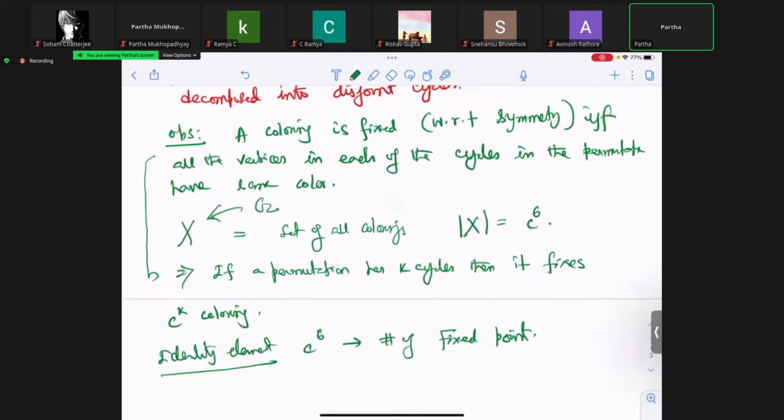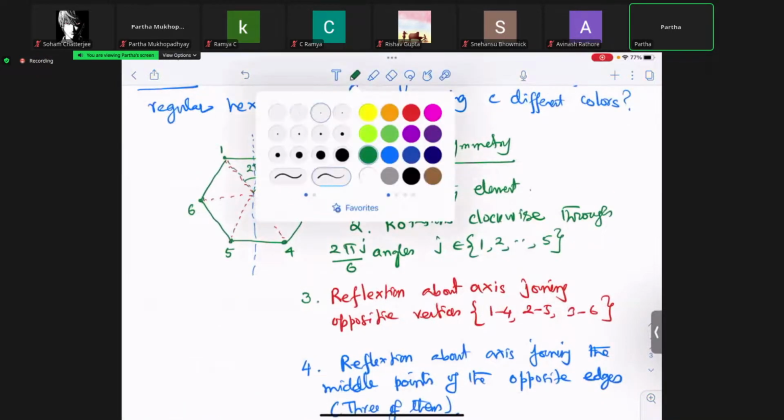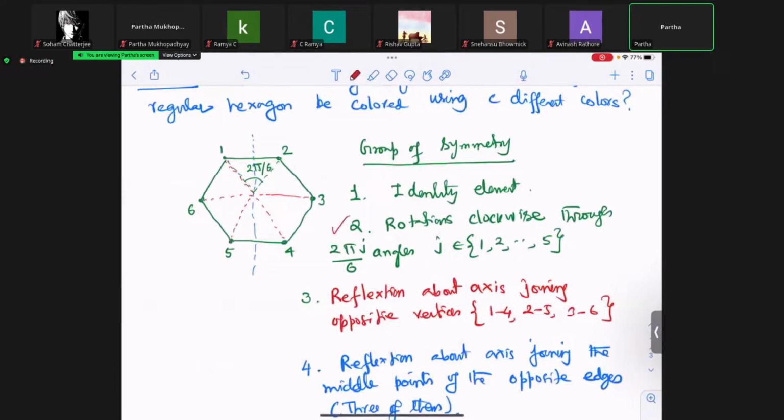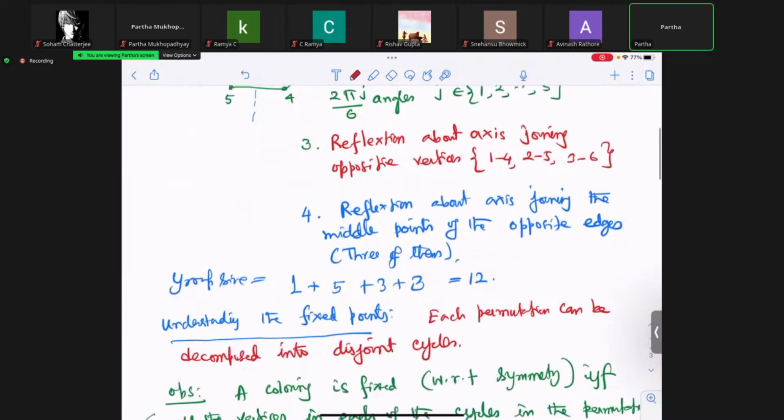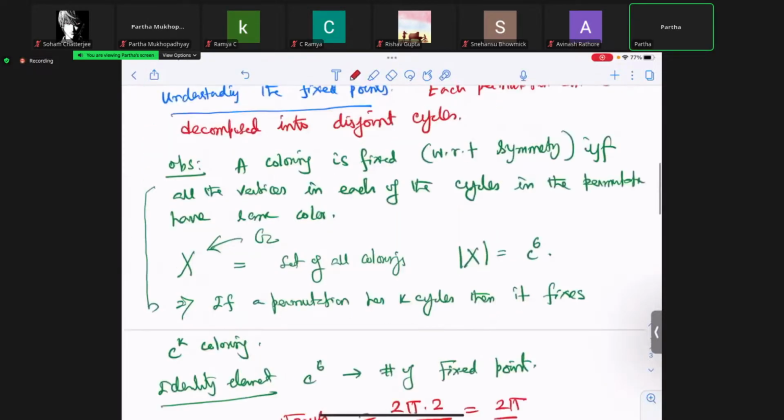So let's take some example from this group, maybe some rotation. Let's compute the rotation through 2 pi j by 6, and I'm taking j equal to 2. So this is 2 pi by 3.